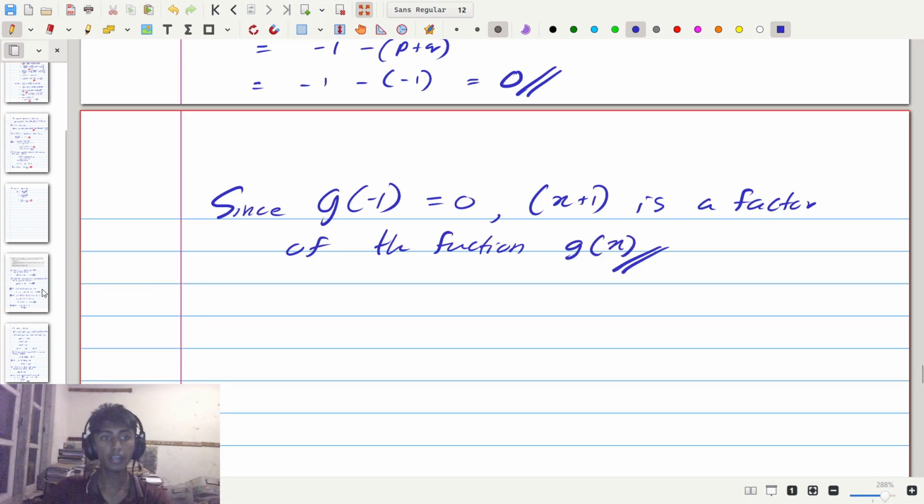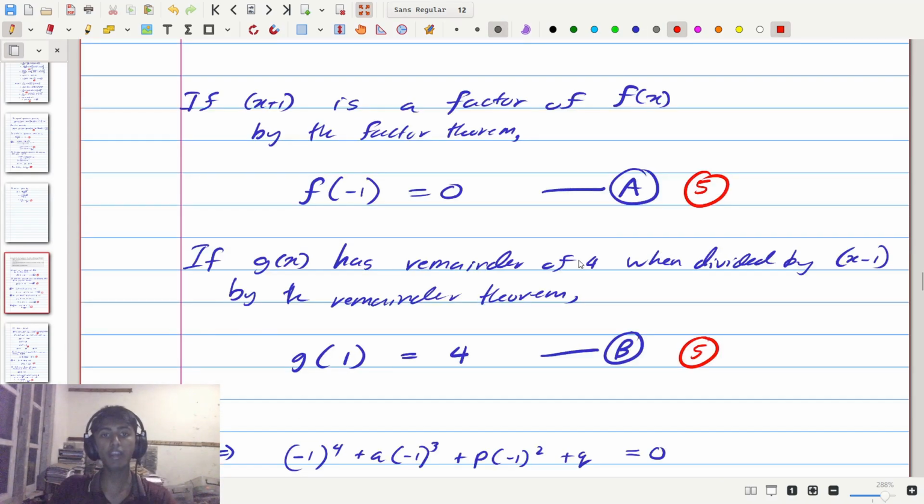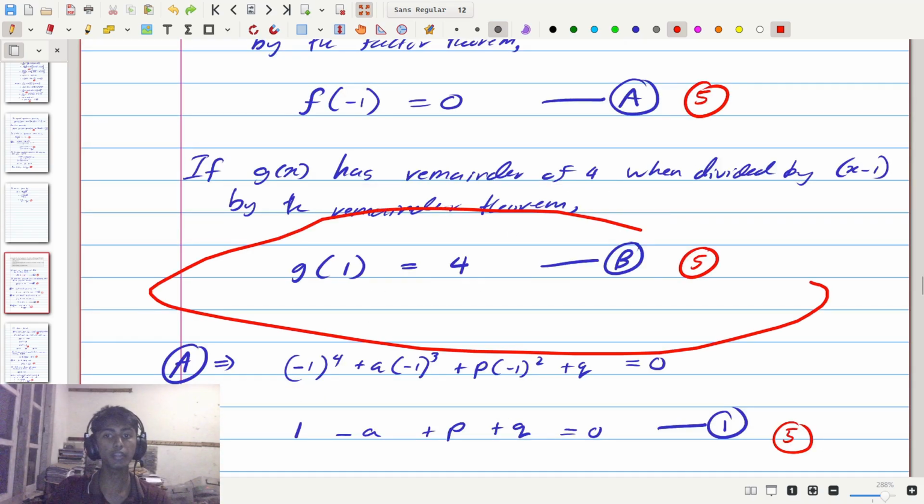Now finally, let's go up and discuss the marks order for this question. So at the start of the question, when you apply the factor theorem to say that f of negative 1 must be equal to 0, you get 5 marks, and similarly, when you apply the remainder theorem to say that g of 1 must be equal to 4, you get another 5 marks.